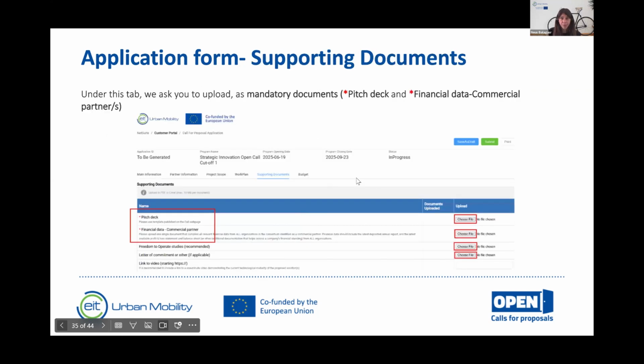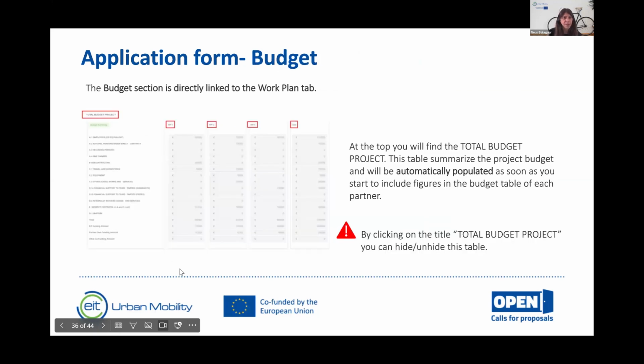And I forgot to mention that you have to, again, save as draft to avoid losing any information that you already filled in the template. And then there is the last section, which is the budget. When you arrive at this section, you will be at the top of the section, this table.